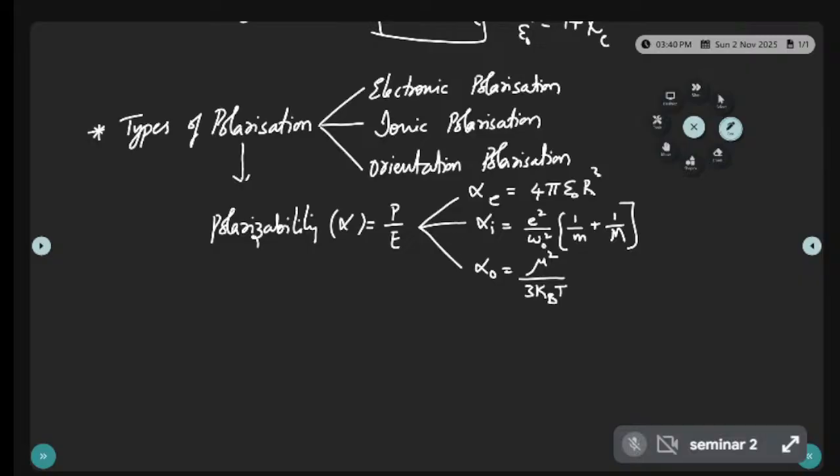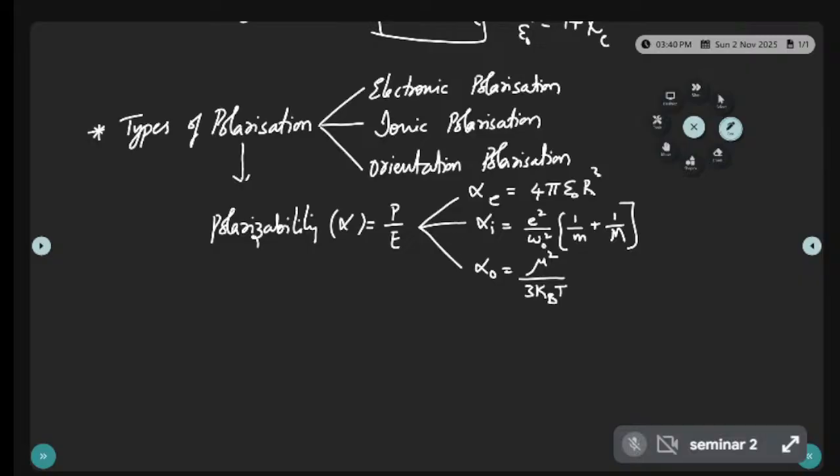Positive. The other atom which is gaining electrons, negative charge. So a positively charged atom is called a cation, and a negatively charged one an anion. The bond that is present between them is the ionic bond.